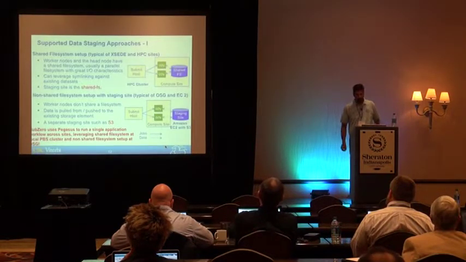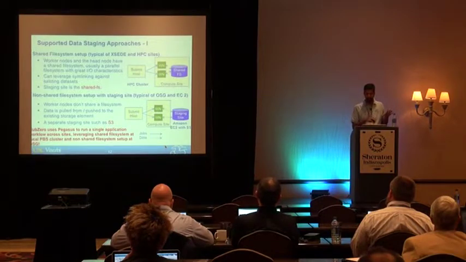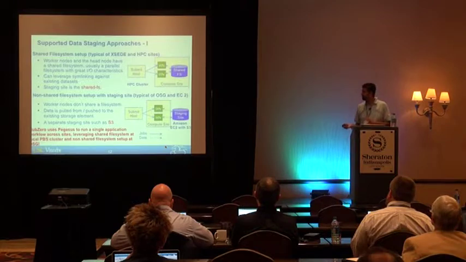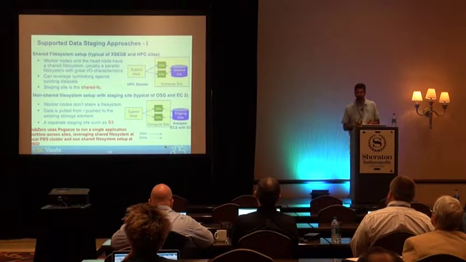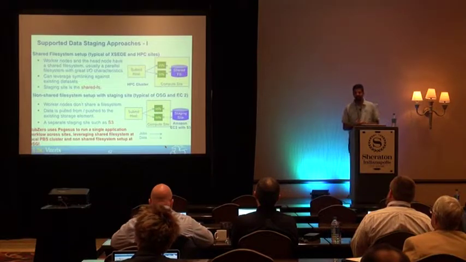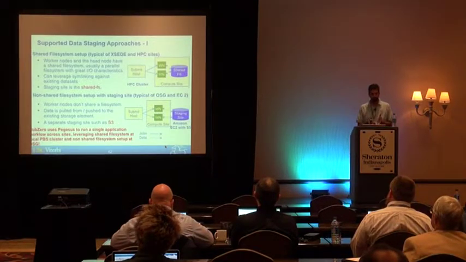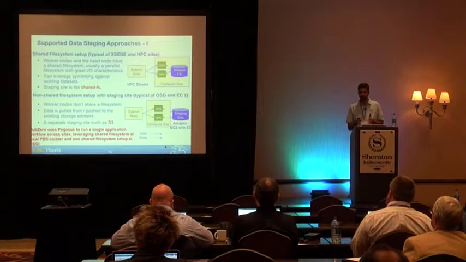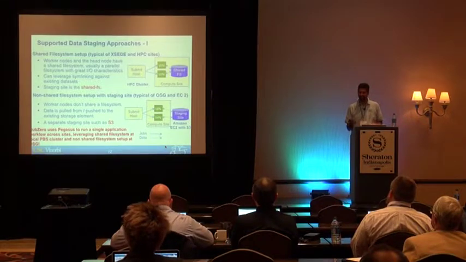So as part of this process, one of the key beneficial features of Pegasus is the data management aspect which we provide to our users. And by that, we mean being able to execute your tools in varied infrastructures which are architected differently.